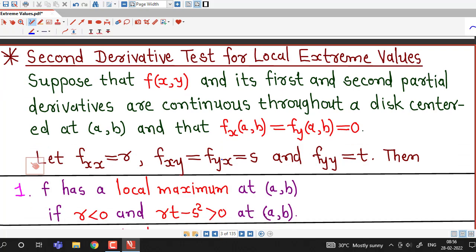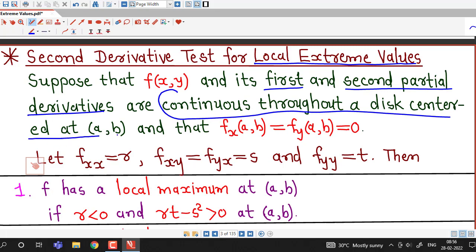We again recall or summarize this second derivative test for local extreme values. We are going to apply this test for solving problems in upcoming lectures. Suppose that fxy and its first and second partial derivatives are continuous throughout a disk centered at point AB, and that del f by del x and del f by del y at point AB equal to 0.